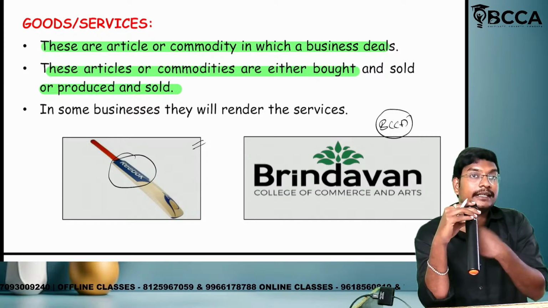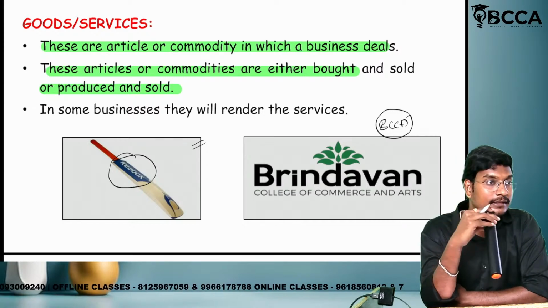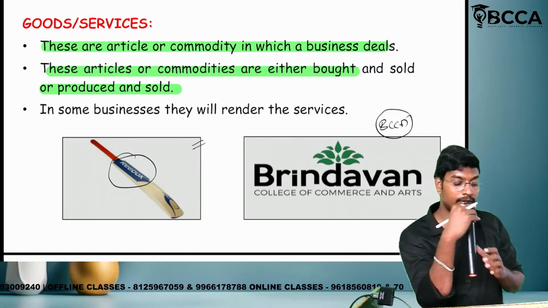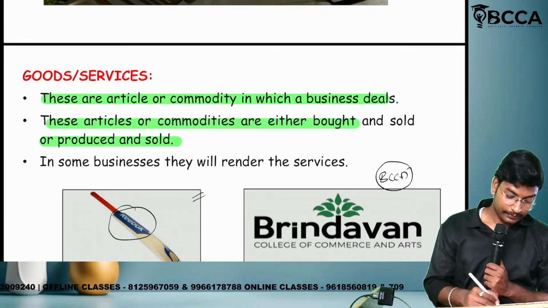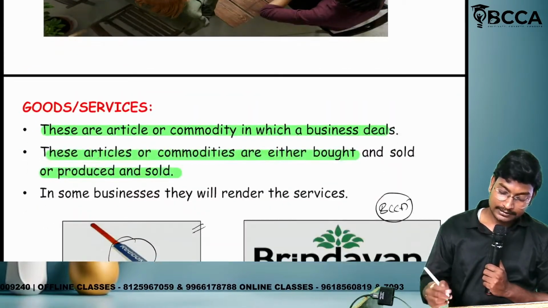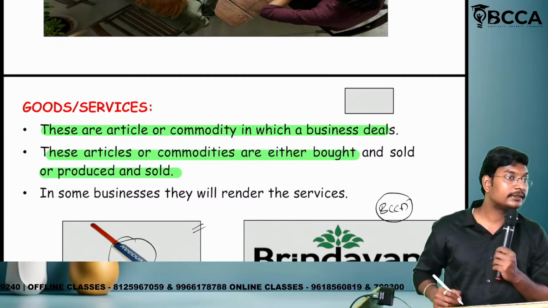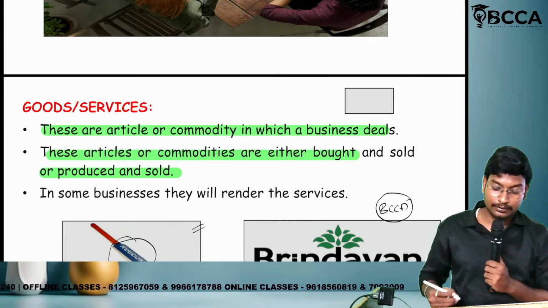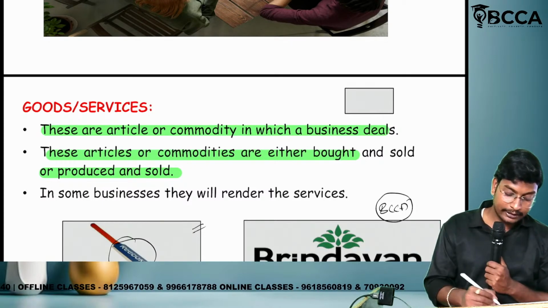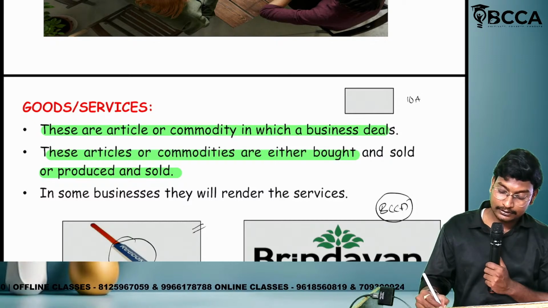If you use it, that item is called an asset. We can discuss that afterwards. For example, imagine there is an electronic shop. In the electronic shop, they have purchased 10 ACs. How many ACs?